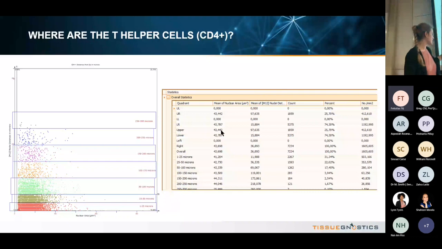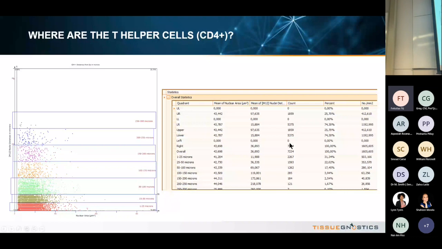based on distance from the next epithelial area, so from the next tumor area. All CD4 positive cells in this gate are 1 to 25 microns away from the next tumor area. Here we have 25 to 50, 50 to 100, 100 to 150, and so on. It also gives us some quadrant statistics, which you can see here on the right, with exact numbers.